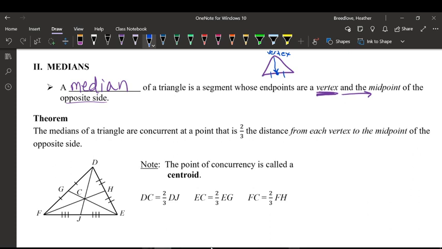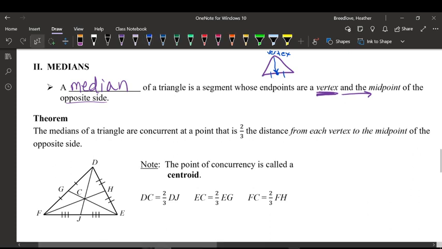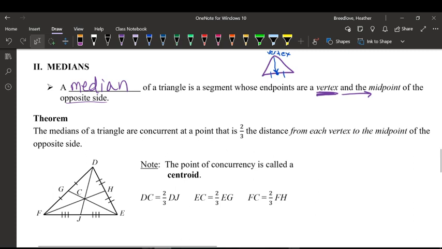And you can see that in the picture. So here we have the side of a triangle. It's not 90 degrees. It's not perpendicular. It goes at a slant because it's going to the angle across from it. A median connects the angle and the midpoint of a side.